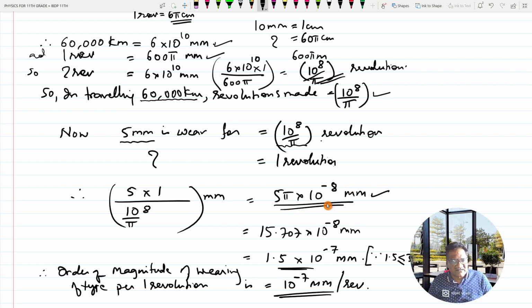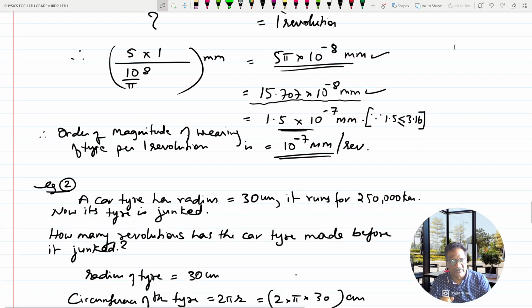Now let us try to bring this into the scientific notation form. This 5 pi can be written as 15.707 into 10 is to minus 8 millimeter. Now this 15.707 is not in the scientific notation form. For that, I have to bring it to a number between 1 and 10.